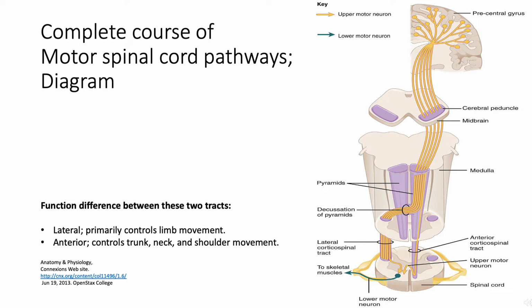But other than this functional arrangement, there is also an anatomical arrangement that differentiates the two tracts between them. And this is what we will mention on this slide. The diagram which I have added is facilitating this very important difference for your understanding.